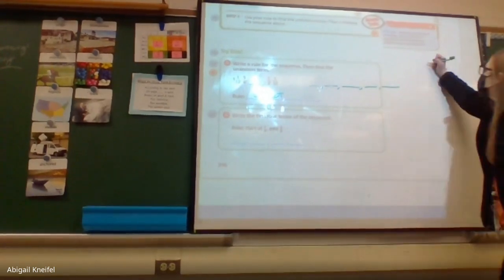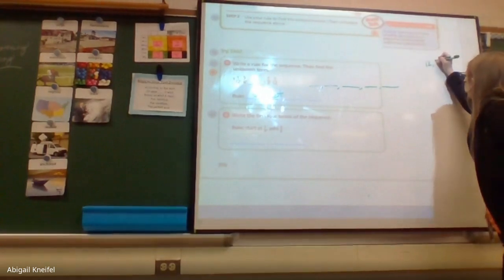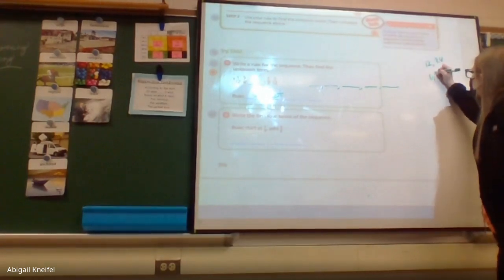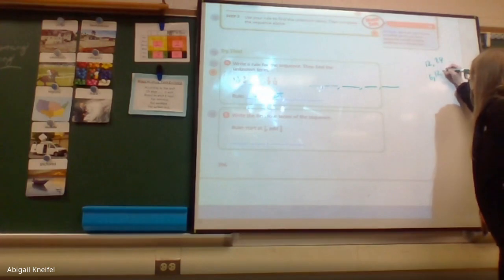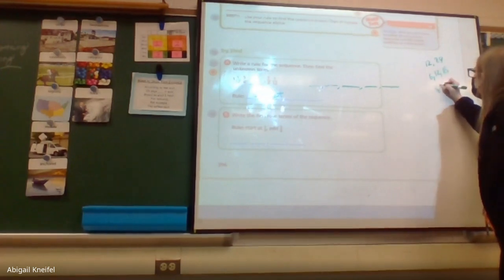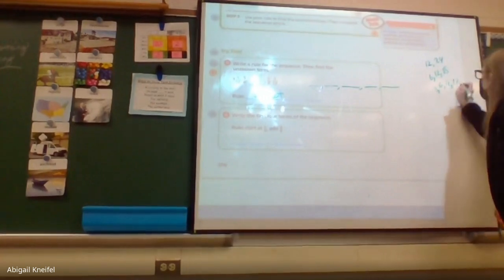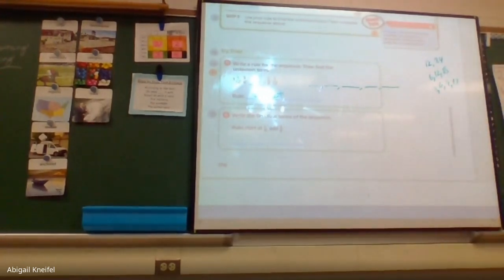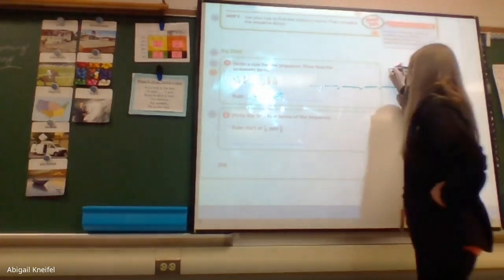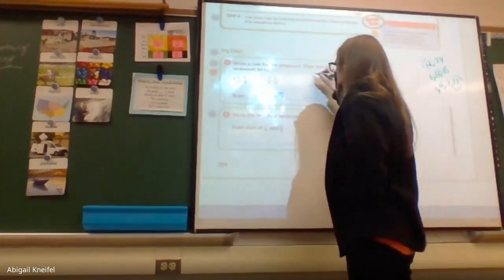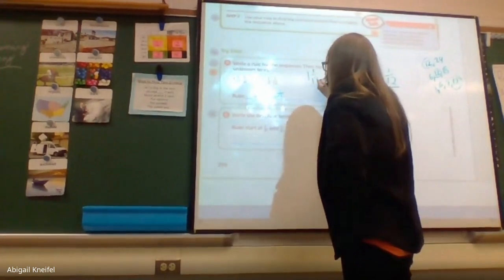So I have 12. I have 6. And I have 3. 3, 6, 9, 12. What is my least common denominator, everyone? 12. So I don't need to change the last fraction or the first term because those already have 12.